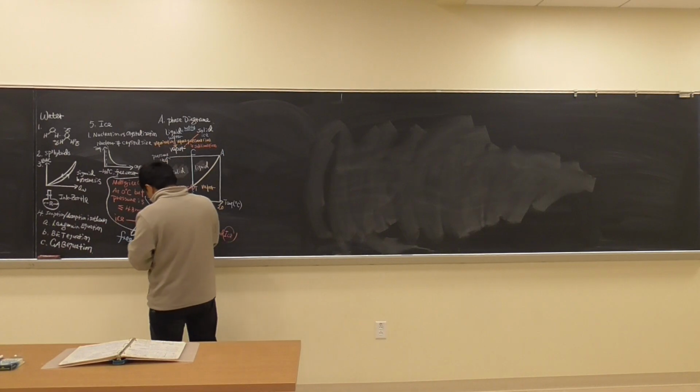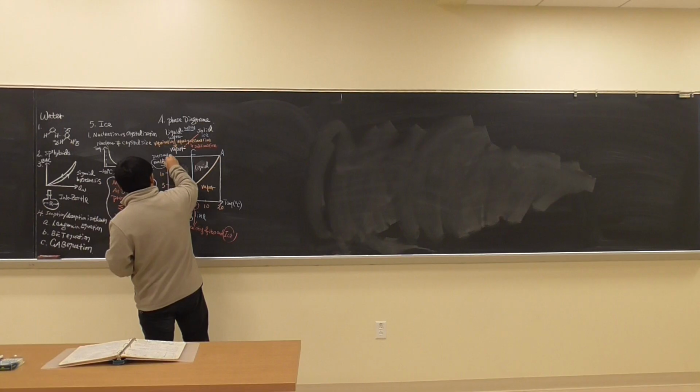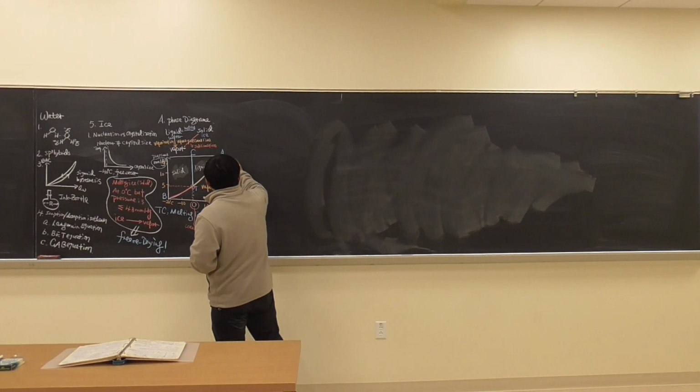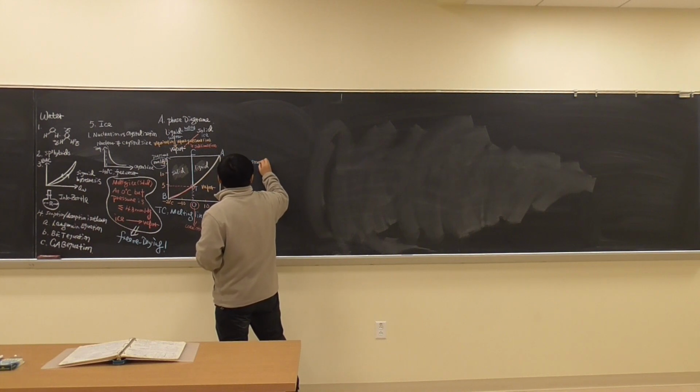Okay, so here is some background I'm going to review for you. 76 centimeters of mercury is equal to 1 standard atmosphere of pressure. That's the physics. That equals 1.03 multiplied by 10 to the power of 5 Pascal.